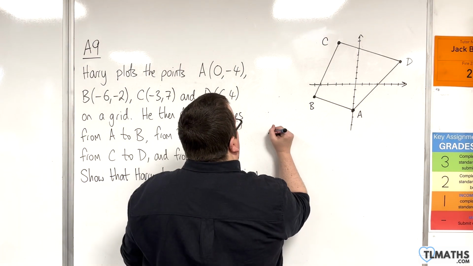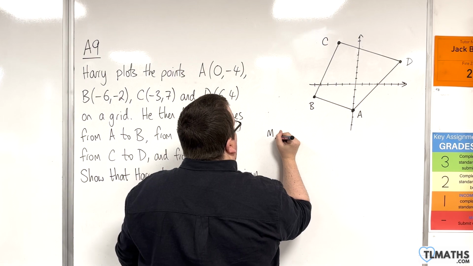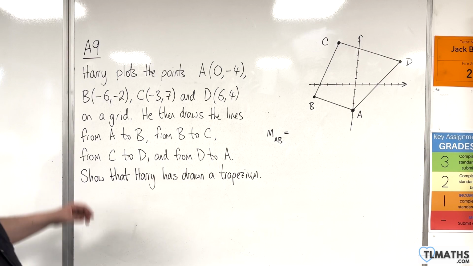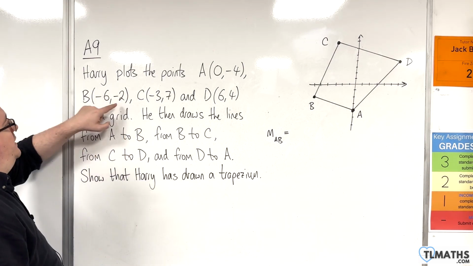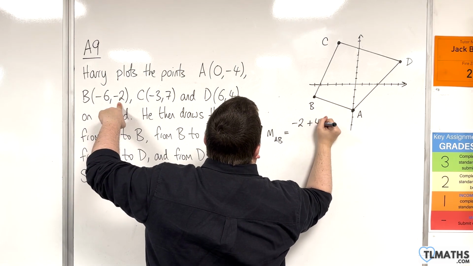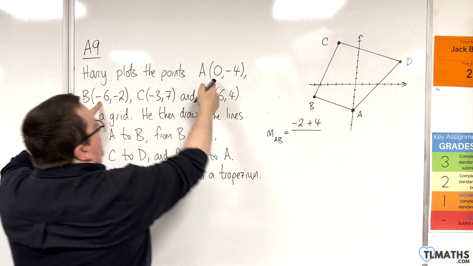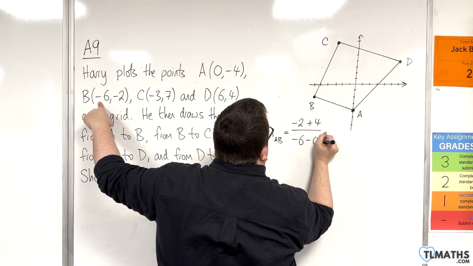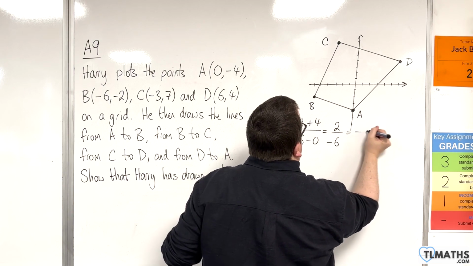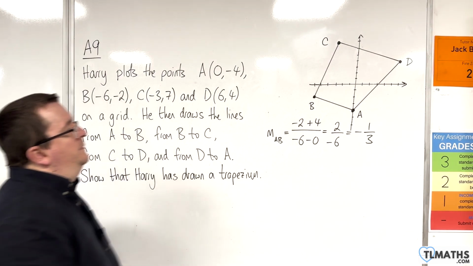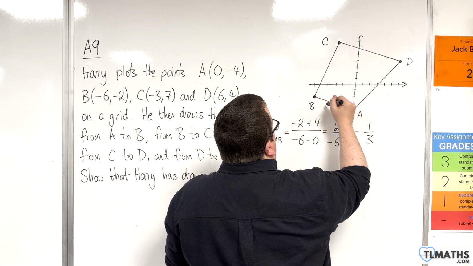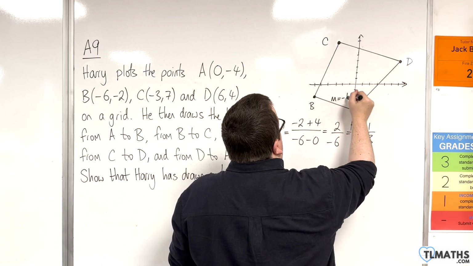First of all, the gradient of the line going through A and B. We've got the difference in the y coordinates, -2 take away -4, so +2, over -6 take away 0. So we're going to have 2 over -6, so that's -1/3. So the gradient of that line is -1/3.